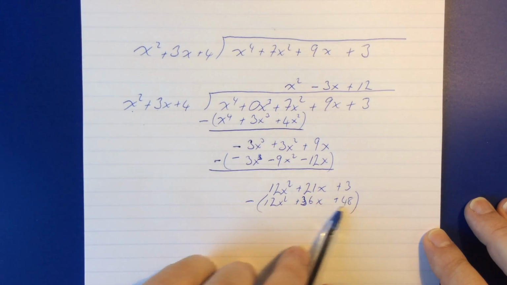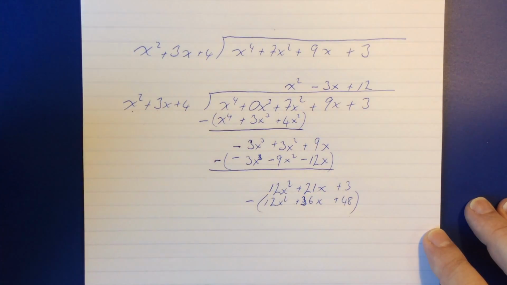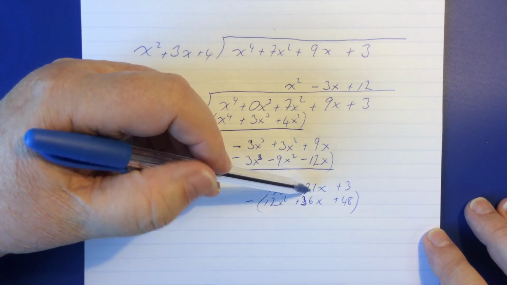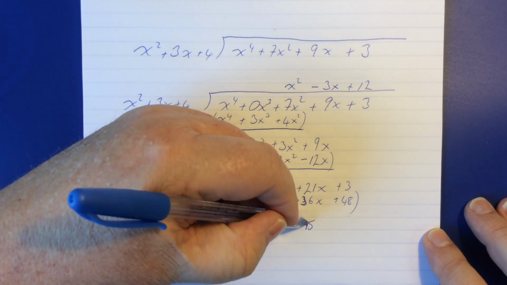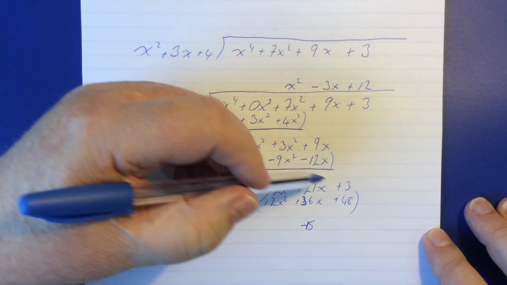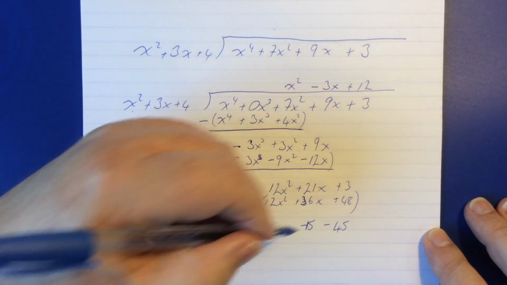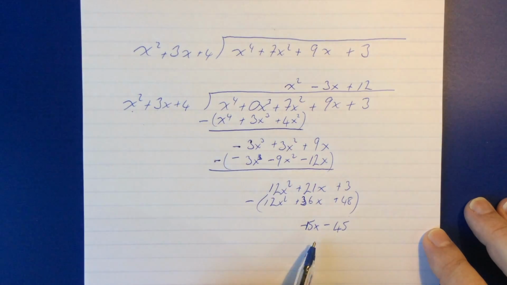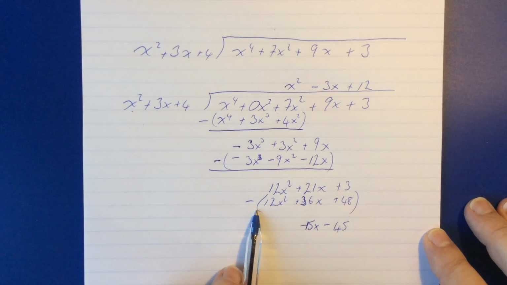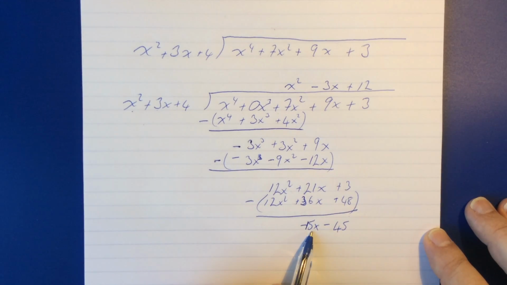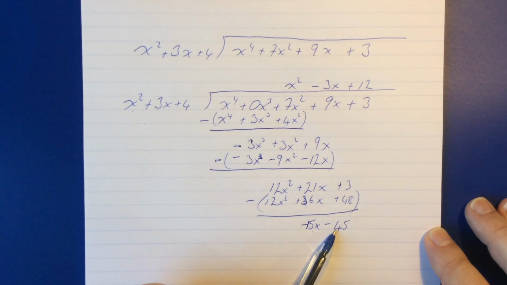I subtract all of this from this, and of course this disappears. 21 minus 36 gives me negative 15. 3 minus 48 gives me negative 45. There's an x in there too. So this expression minus this leaves me with negative 15x, 21 minus 36x, minus 45, 3 minus 48.